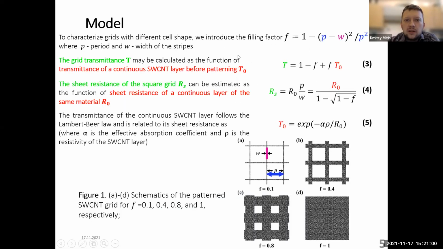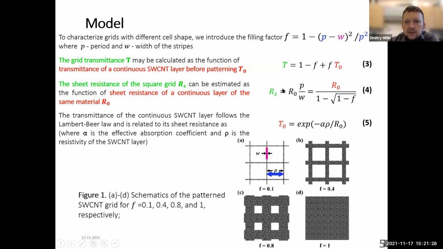In this work, we discuss a model of patterned electrodes. We used a fill factor, which is connected with the period of the grid and the width of the stripes. The grid transmittance T, the transmittance of the patterned electrode, is connected with the fill factor and the transparency of the initial continuous layer.